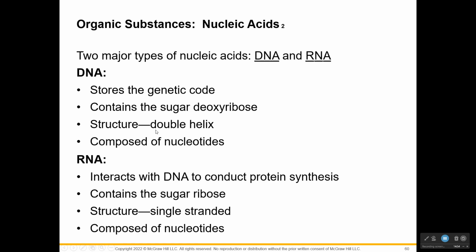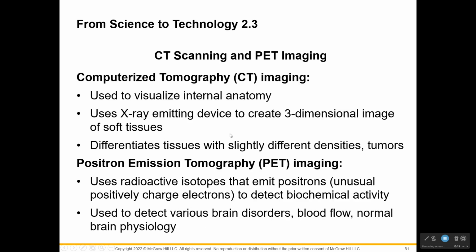A helix is like a wavy structure, and it's made of nucleotides. RNA is actually made from DNA and helps with protein synthesis. It has the sugar ribose. It is not a double strand, it's single, but it's also made of nucleotides. Nucleotides make up all nucleic acids, and we have two examples, DNA and RNA.